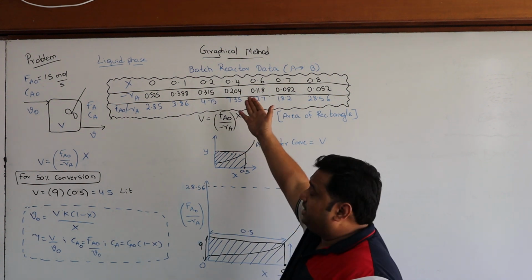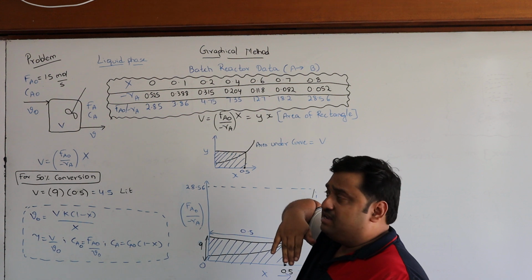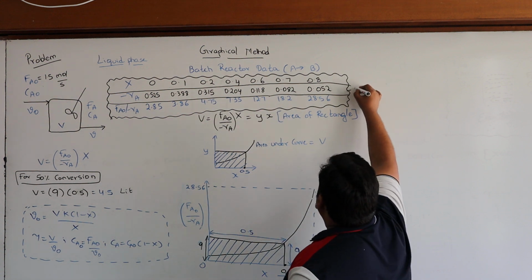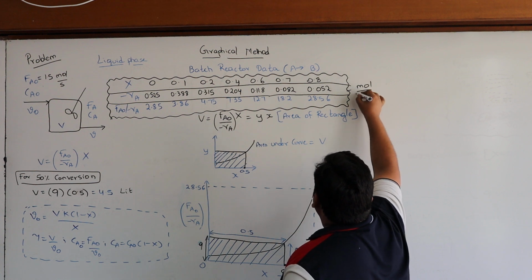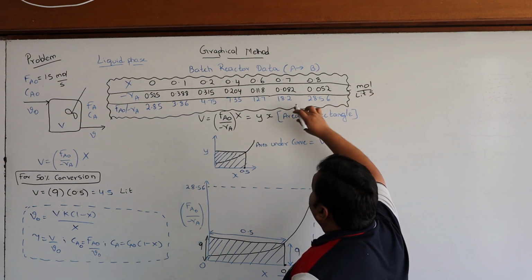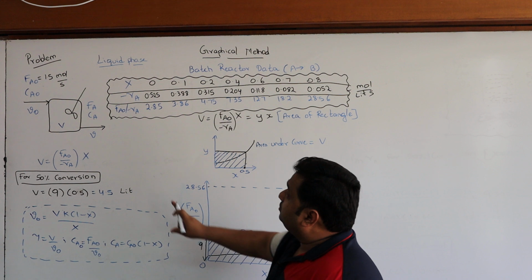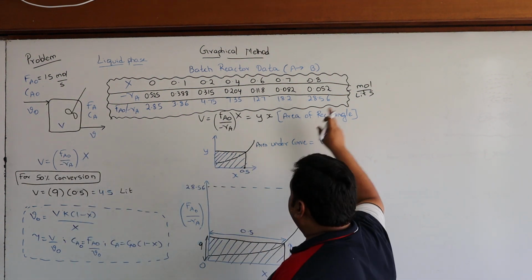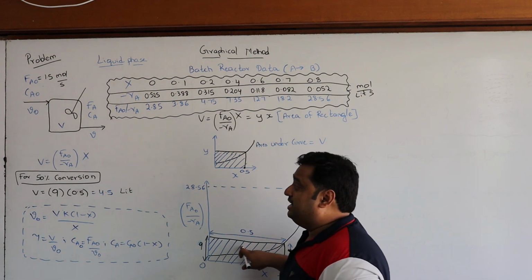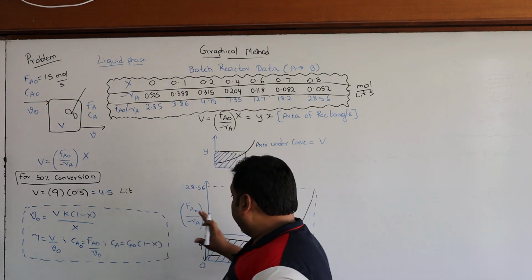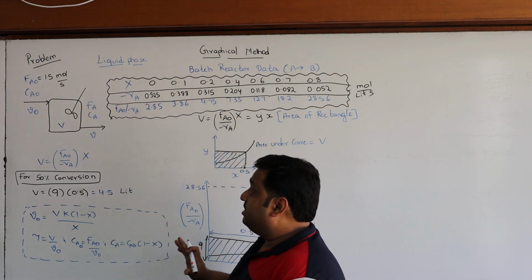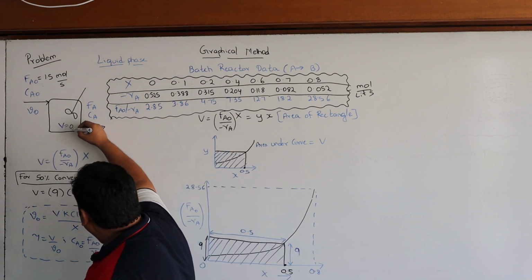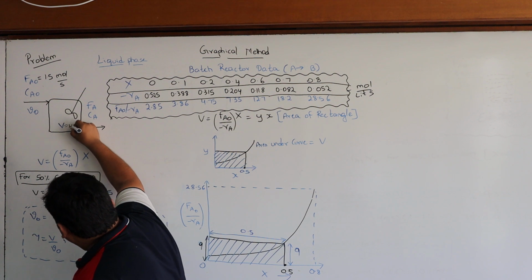The units of rate are mole per liter per second, and the units of Fa0 are moles per second, so in general the volume comes out in liters. That means for 50% conversion, the volume is around 4.5.